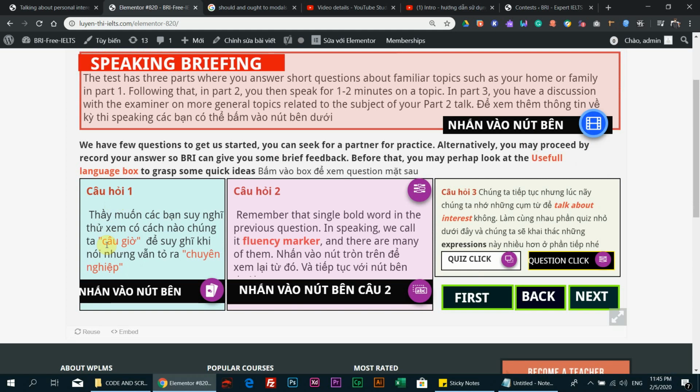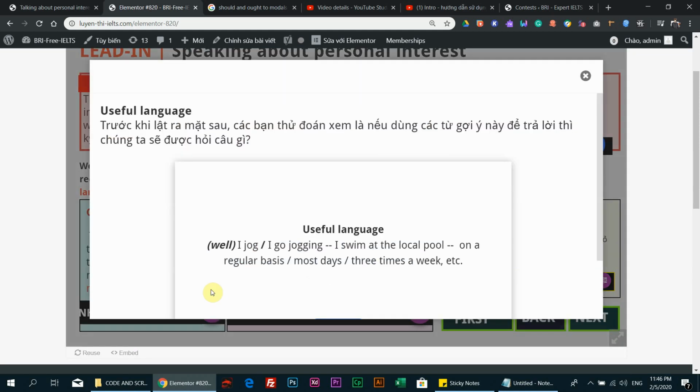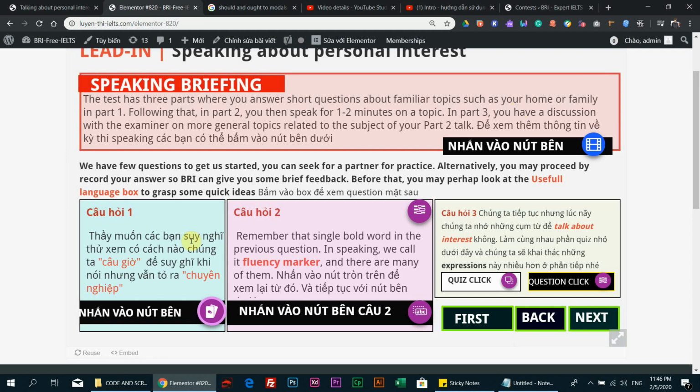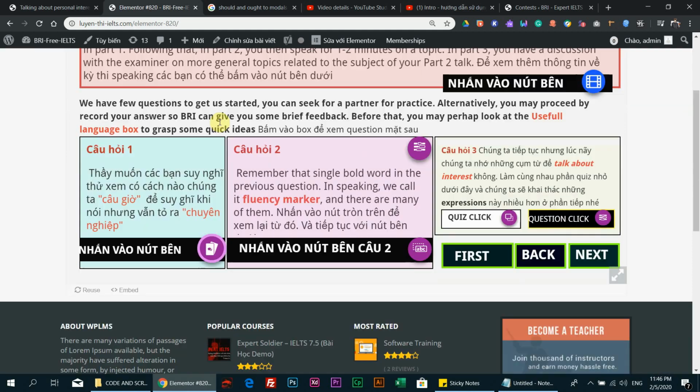Fluency markers like perhaps, actually, to be honest, if I must say. Something like that is for you to buy some time, but to show your professionalism.